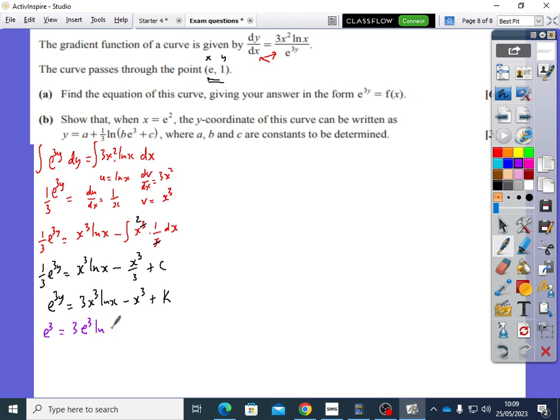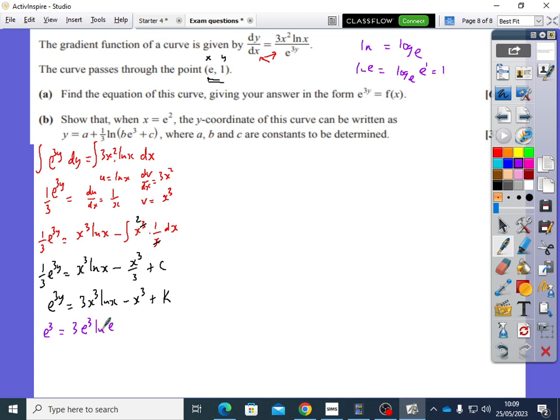ln of e. Now note that you should know this, that ln is the same as log to the base of e. So when I put ln of e, that's going to be log to the base of e, and you should know that if the base is the same as this number here, that is going to equal 1, because they inverse each other, they cancel.